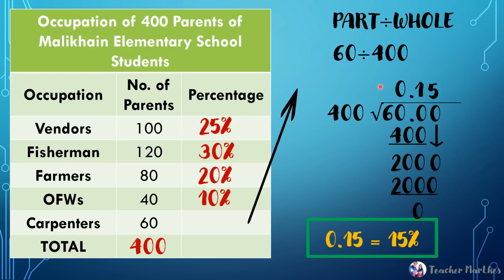So, 0.15, move ng dalawa. 1, 2. So, 0.15, magiging po siyang 15%. So, ang carpenters, ang percentage niya ay 15%. A total of 100%. So, dapat pag tapos natin makompute lahat ng percentage po, ang total po niyan ay 100%.